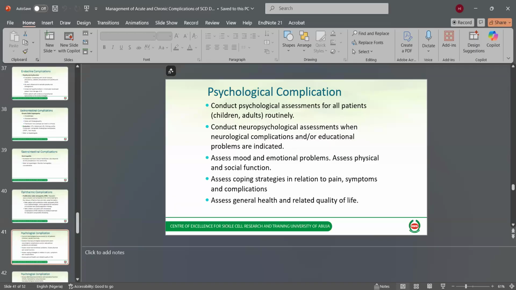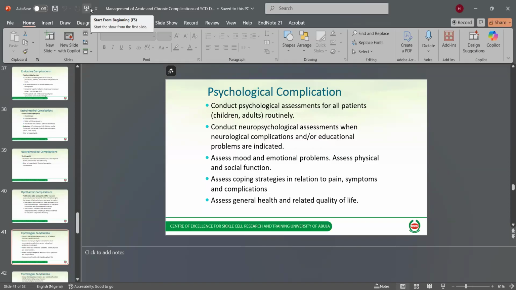Emotional problems. Assess mood and emotional problems. Assess physical and social function. And assess coping strategies in relation to pain, symptoms, and complications. Also assess general health and related quality of life.